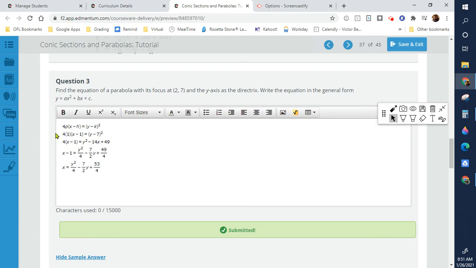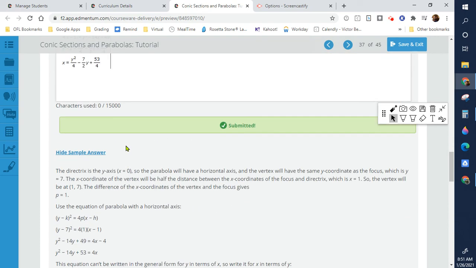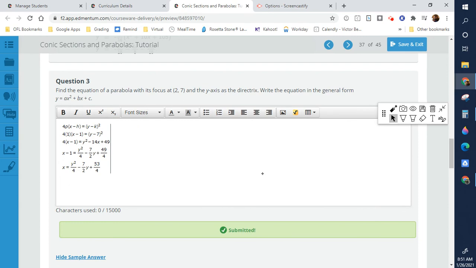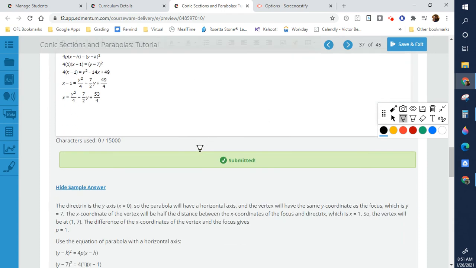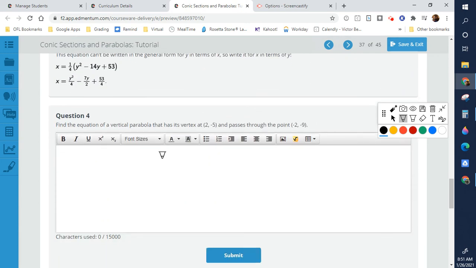I basically did everything the same except because it's horizontal, it's the opposite way. And honestly, here's the thing with Edmentum, a lot of them, they just copy and paste. This should not be y equals something. This should be x equals. So I apologize for that. That was me trying to rush through this, and I really shouldn't be doing that.